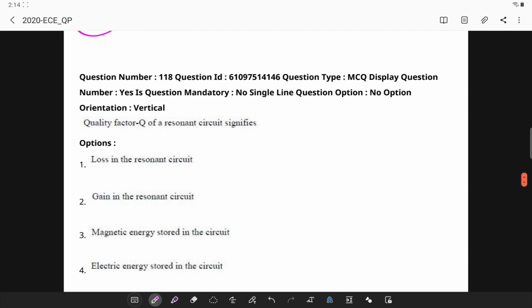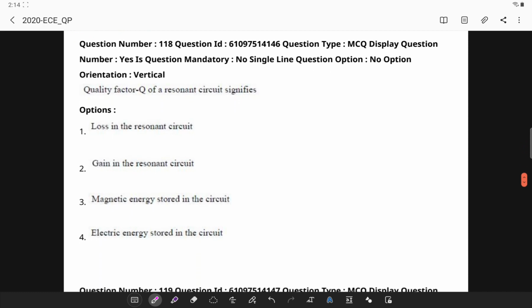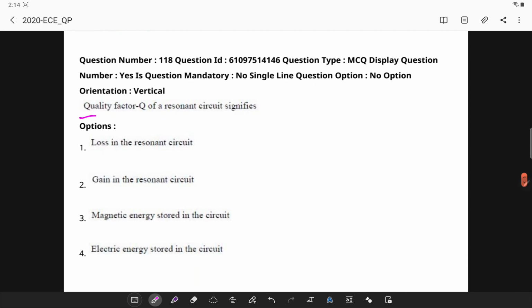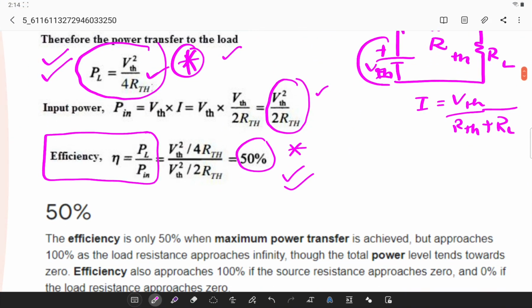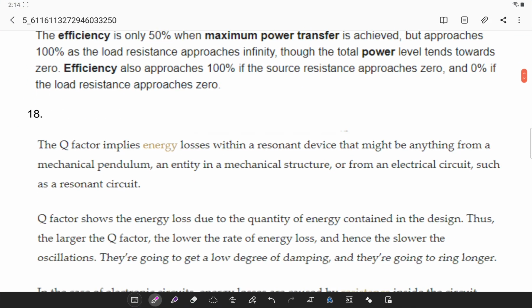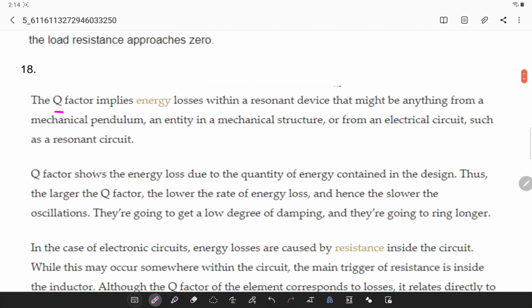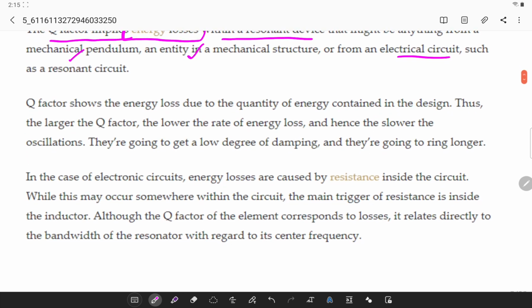Next, the quality factor of a resonant circuit signifies the loss in a resonant circuit. Now I'll explain why exactly it is the loss. If you read this, the quality factor implies energy losses within a resonant device, which can be in an electrical circuit or mechanical circuit or even any mechanical structure.